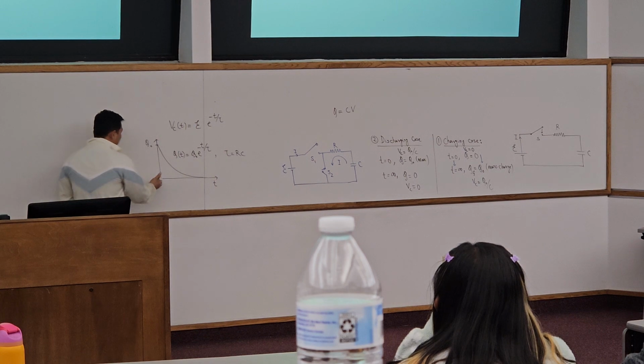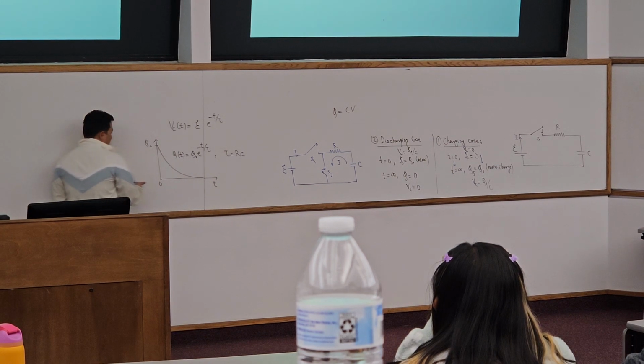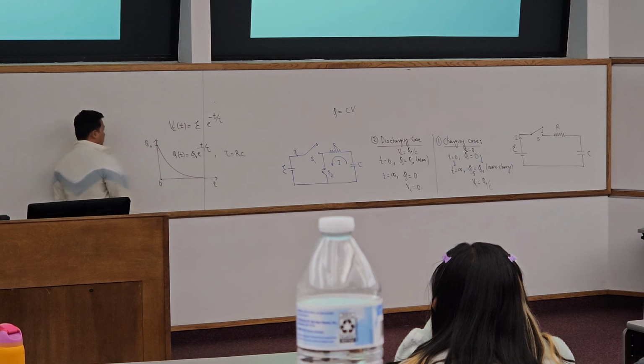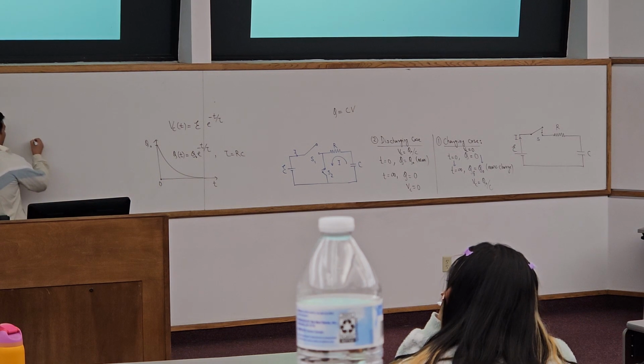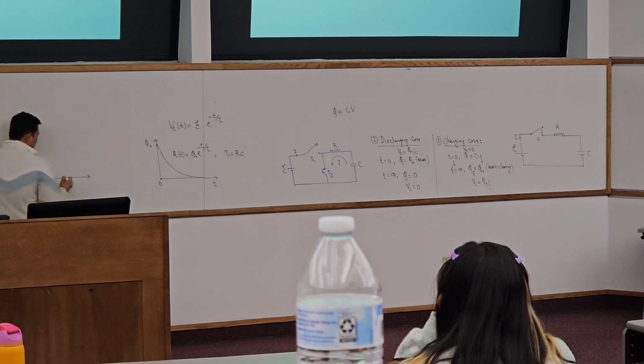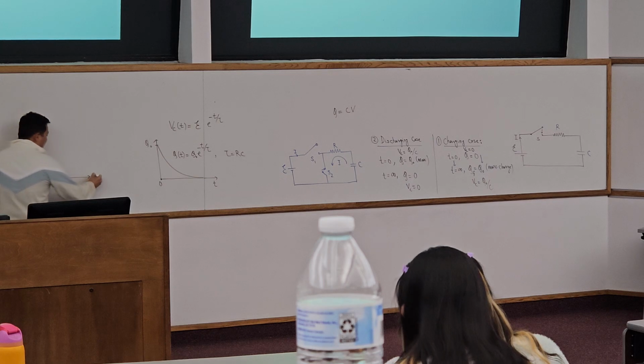Definitely if you use up your capacitor for a long time, the charge will be drained and it will come to 0. You have a maximum charge in the beginning. The current behavior is the same as charging. The current will be maximum at the beginning because the maximum potential is there at the beginning.